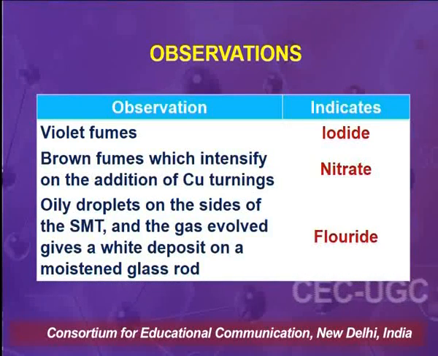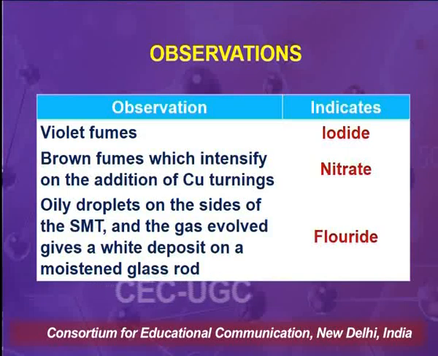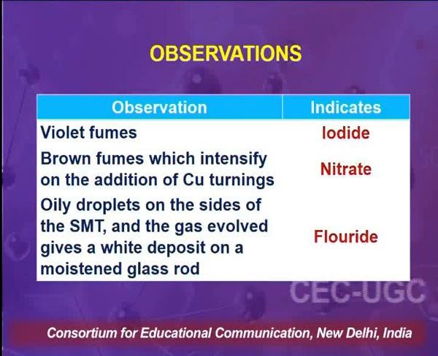Brown fumes are observed for both bromide and nitrate, but the difference is that in the case of nitrate, the brown fumes will intensify if some copper turnings are added to the semi-micro test tube containing the mixture and concentrated sulfuric acid, and the tube is heated. If the fumes intensify or increase in quantity, it indicates nitrate.